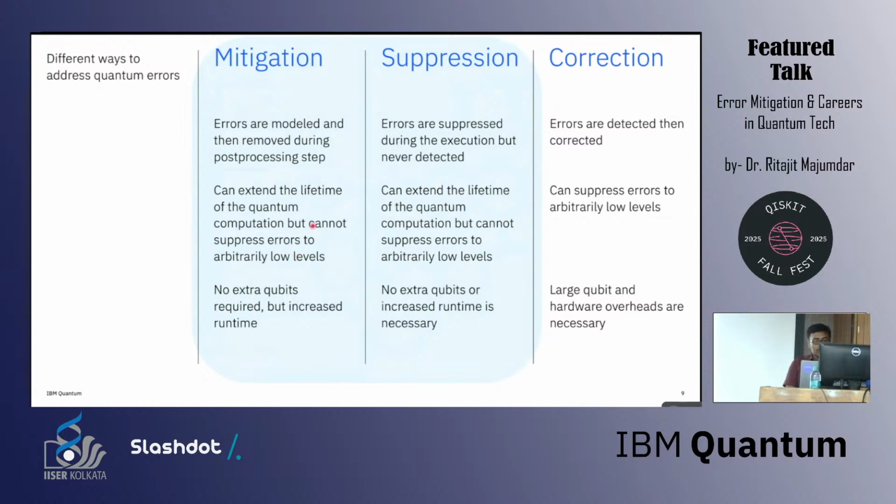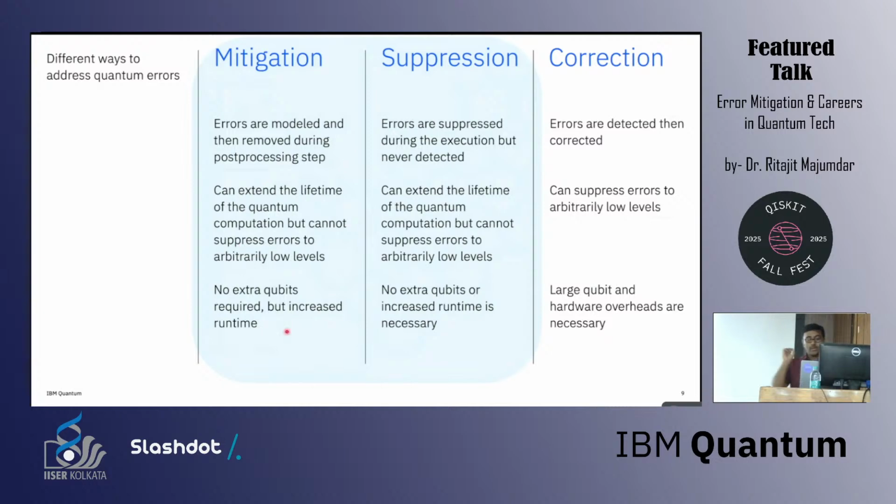Also, you cannot suppress errors to arbitrarily low levels. There are some error mitigation techniques, particularly PEC, which we won't talk about here, that allow you to suppress to arbitrarily low levels, but then the number of samples increases exponentially in the number of qubits and gates, and it becomes impractical at a very small scale. It's difficult to scale it up.